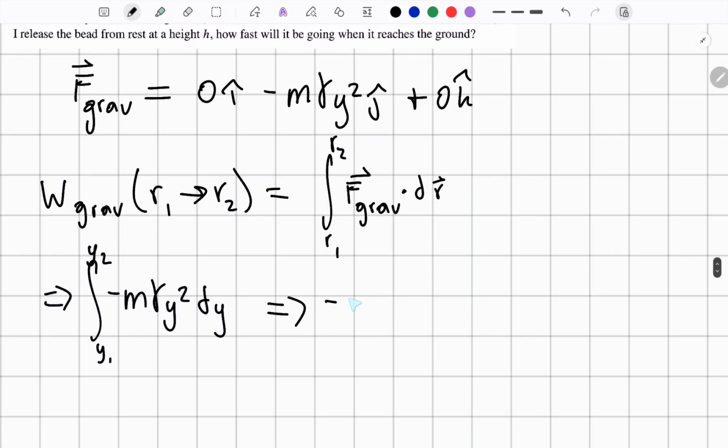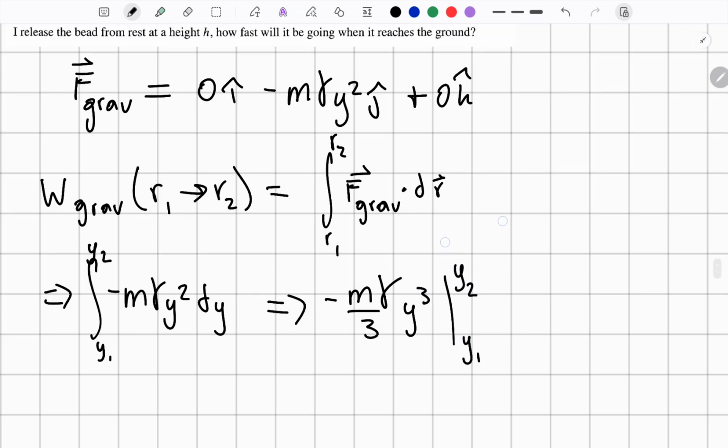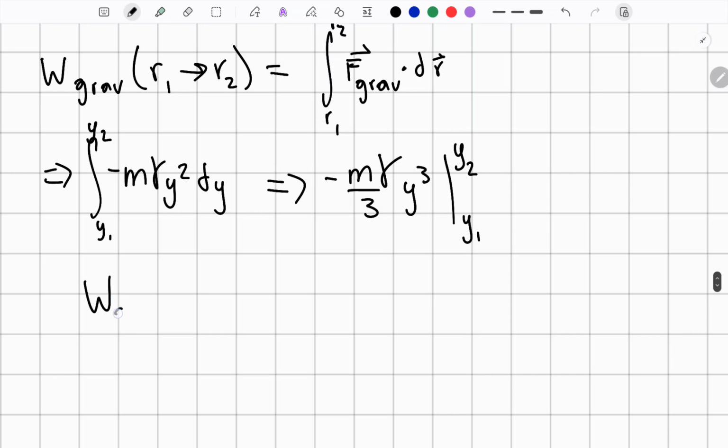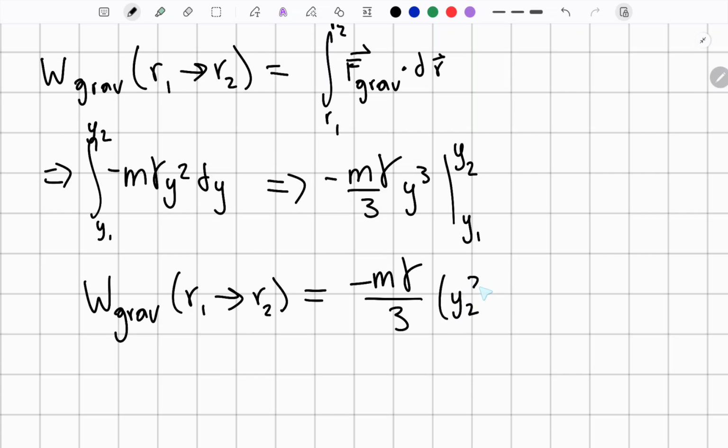And this will work out to be negative m gamma over 3 y cubed from y2 to y1. And we can see that our work done by gravity moving from r1 to r2 is negative m gamma over 3 times y2 cubed minus y1 cubed.